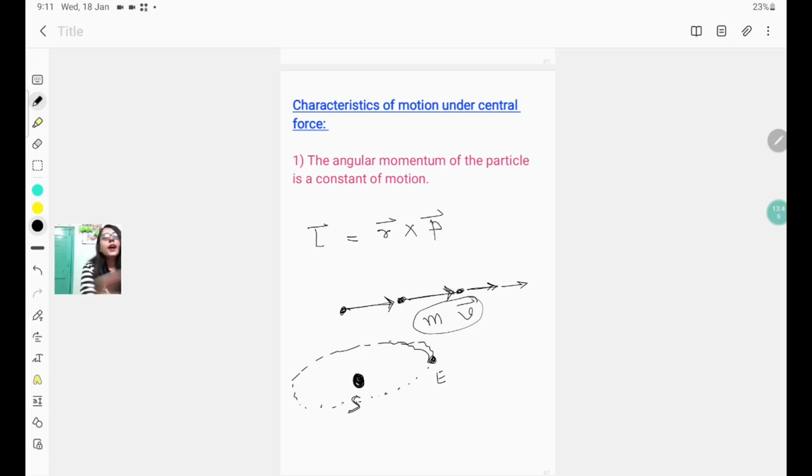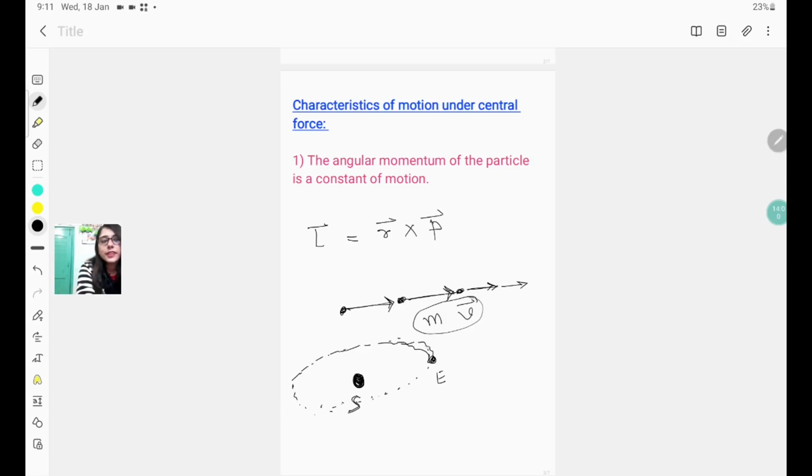So basically the Earth is rotating along the Sun, placing the Sun in one of its foci.